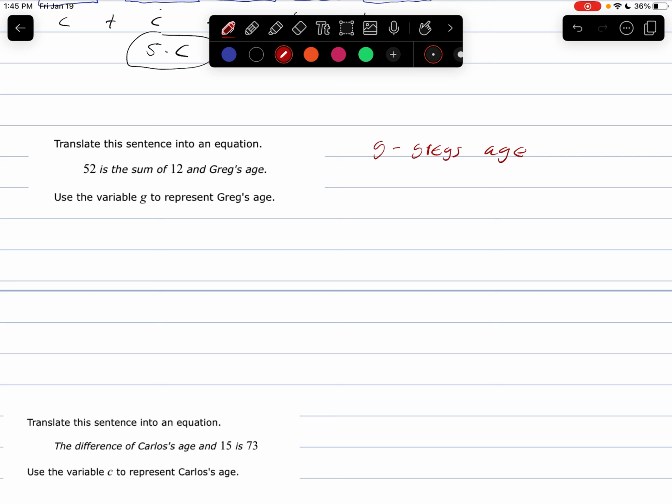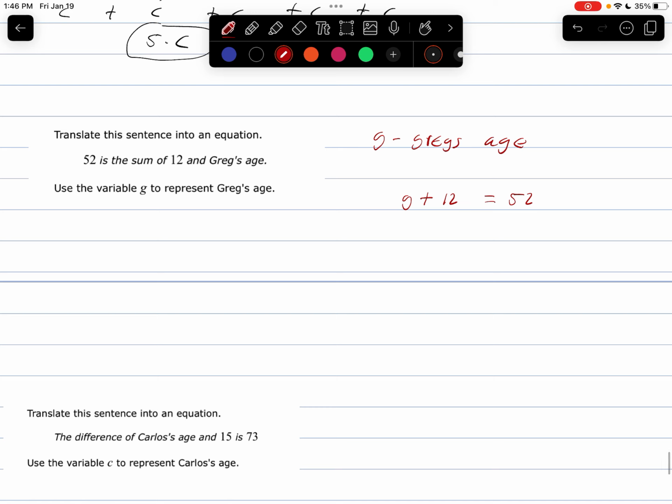Okay? So we know that the sum of these two numbers is going to be 52. So we can just put that alone over here by itself. So we have Greg's age and 12. That's another way of saying if we add 12 to Greg's age, we're going to get 52. So we can write this as g plus 12 is equal to 52.